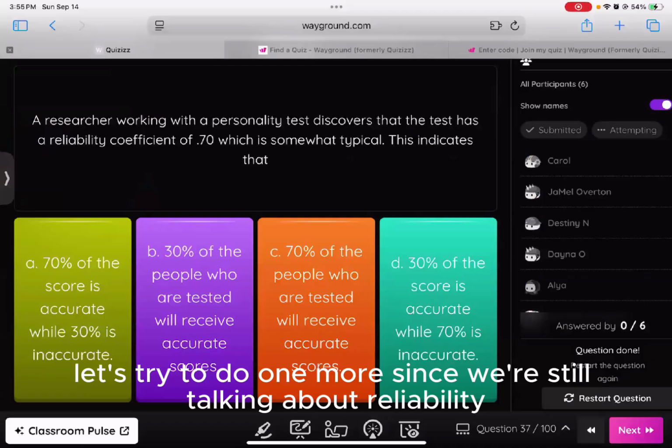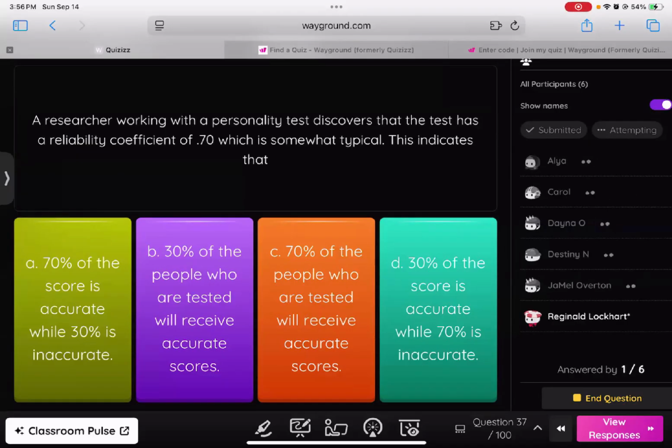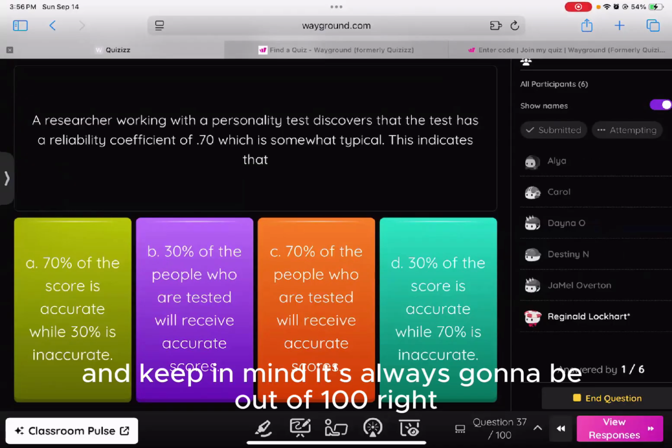All right, let's try to do one more since we're still talking about reliability coefficient. And keep in mind, it's always going to be out of 100.